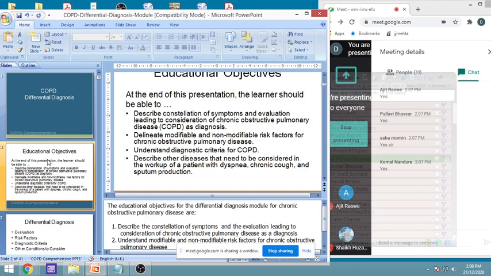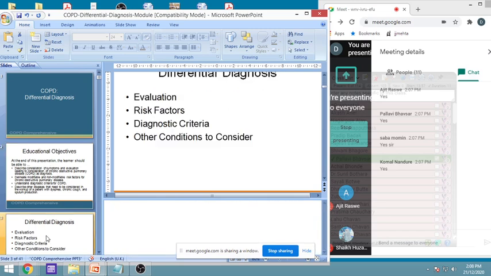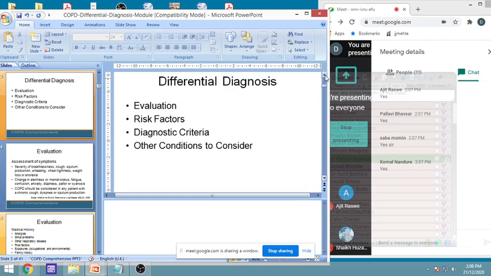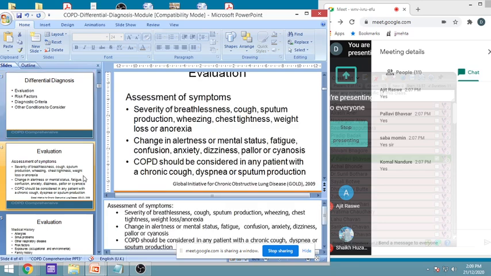So these are very important things for the differential diagnosis: evaluation of the patient, check the risk factors, check various diagnostic criteria, and what other conditions are important. Now evaluation, what are we going to do?